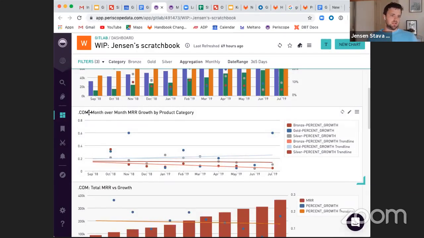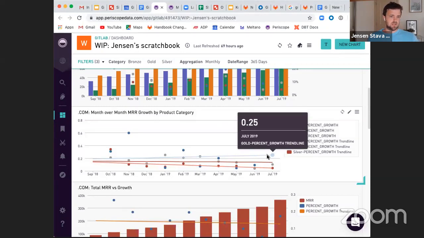Okay, so I'm looking at this .com month-over-month MRR growth, and basically what I'm trying to do is discover on .com how well we are performing in each product category. I think we've been looking at it by MRR, which is great, and we can see that view here.